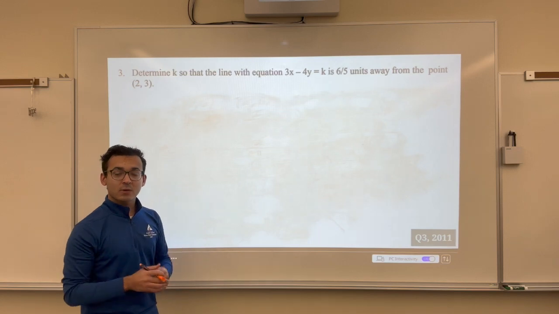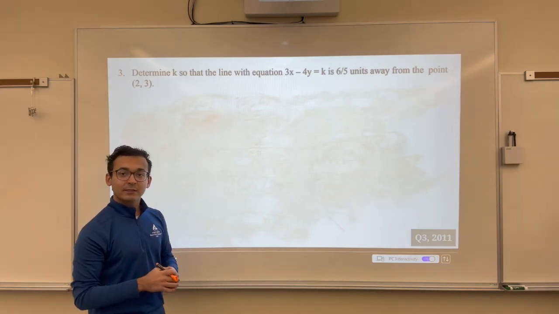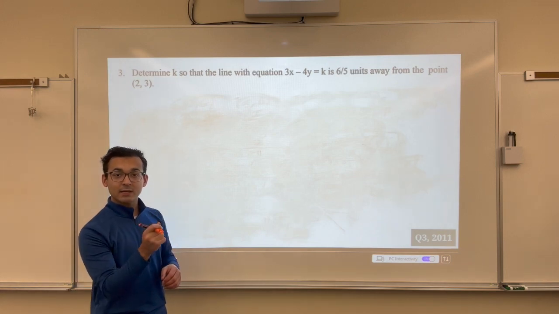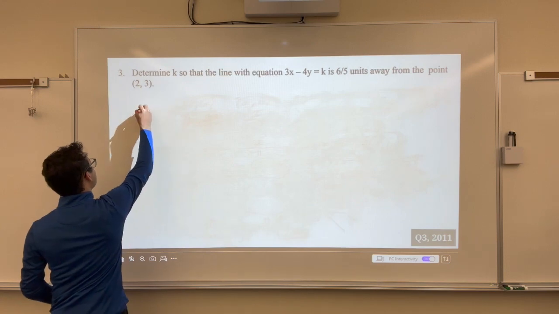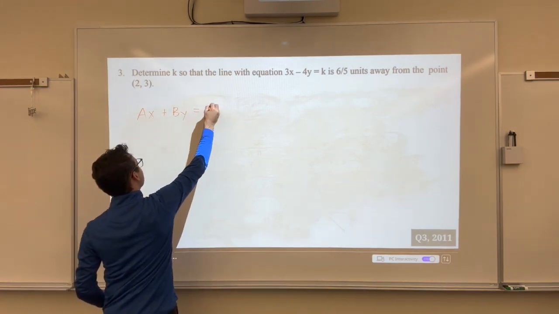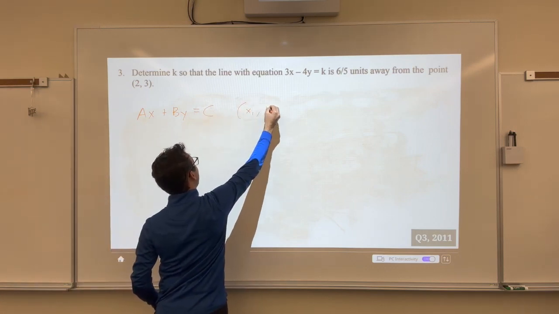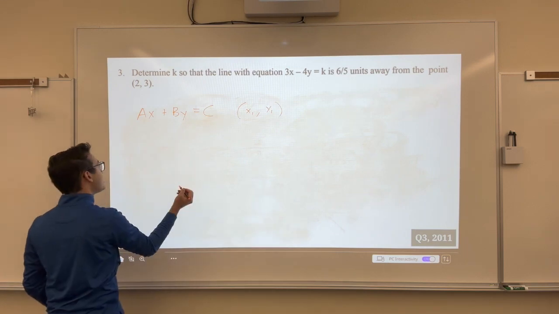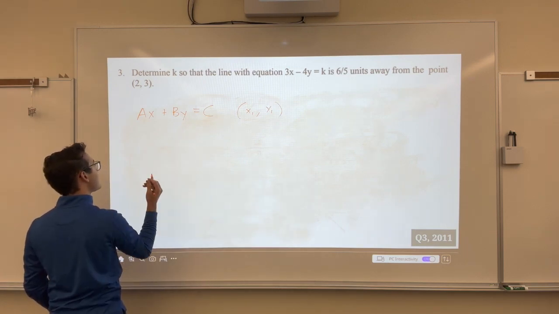Now, in order to solve this problem, there is a super important formula that you need to know. How to calculate the distance from a point to a line when that line is in standard form. So, given our line is ax plus by equals c, and our point is x sub 1, comma, y sub 1, the equation for solving for the distance between the point and that line is as follows.